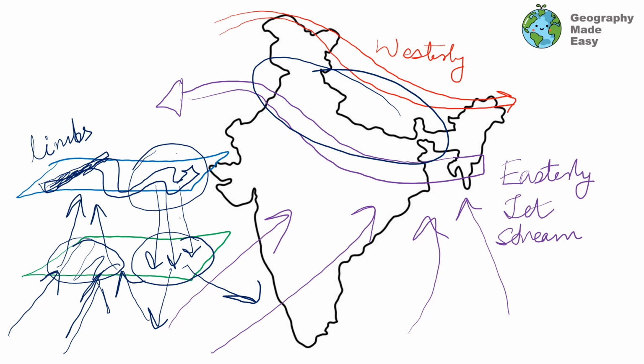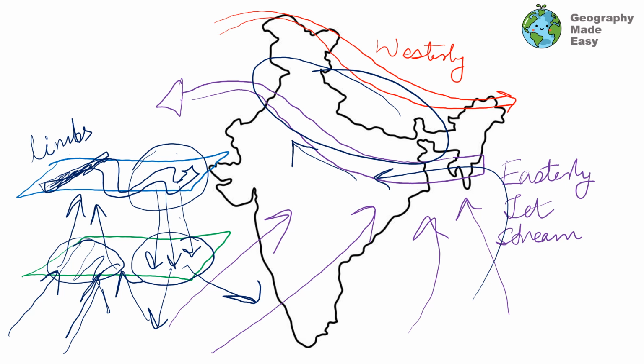And in the summer seasons we have the easterly jet stream, which pulls the monsoon into the subcontinent. Hence we also see that the path of the monsoon follows the direction in which the jet stream is blowing.